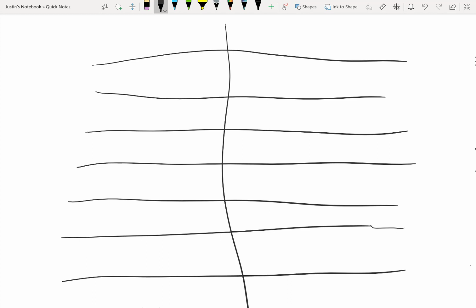Alright, so this is the number of pizzas delivered. So I'm just going to put number of pizzas. And this one was total cost in dollars.